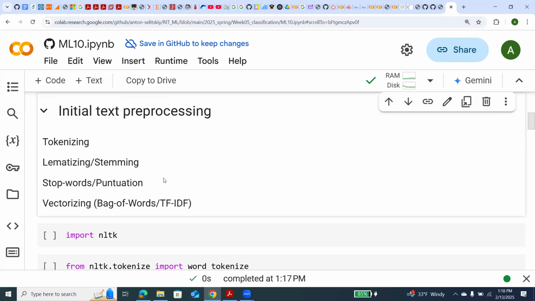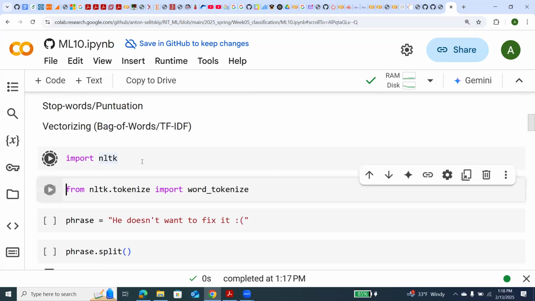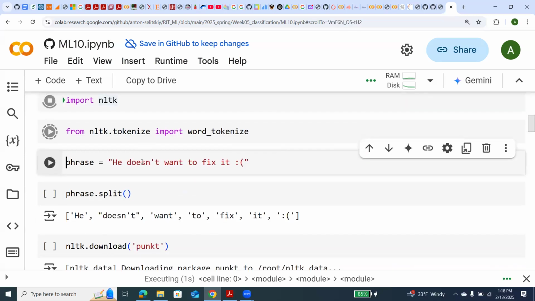Stop words, we will remove very frequent words because, for example, if you use I in every sentence, then maybe this word is not relevant for classification task, but it will reduce your dictionary. And finally, vectorizing. We will create a vector representation for our tweets. There is library NLTK, Natural Language Toolkit.